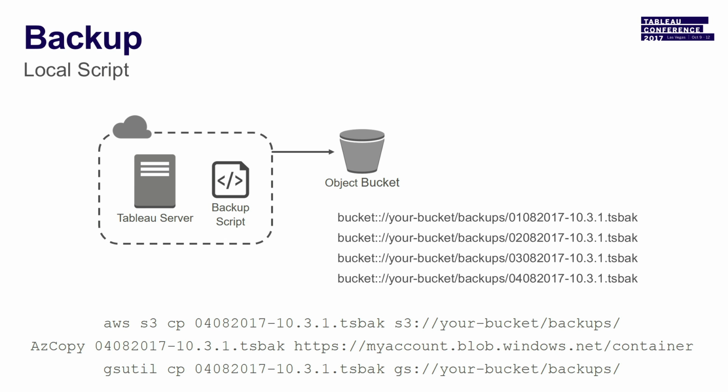I'm going to use a shell script. I'm going to call it from a cron job. I'm going to do TSM maintenance backup instead, and everything else applies. So this is really straightforward. I can use my script to actually manage, if I want to, a moving window of how many of these files I keep, or all of these object storage offerings give you lifecycle policies.